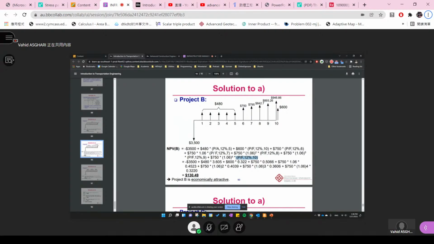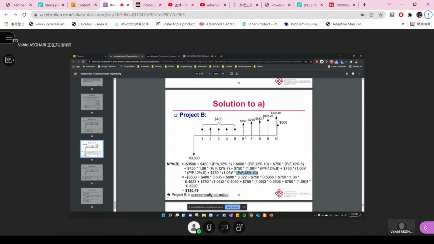The student has asked, why don't we use annual equivalent based on the future value? Because if we use annual equivalent based on the future value for this 6th year, that annual representation would only be the annual representation of years 1, 2, 3, 4, 5, and 6.